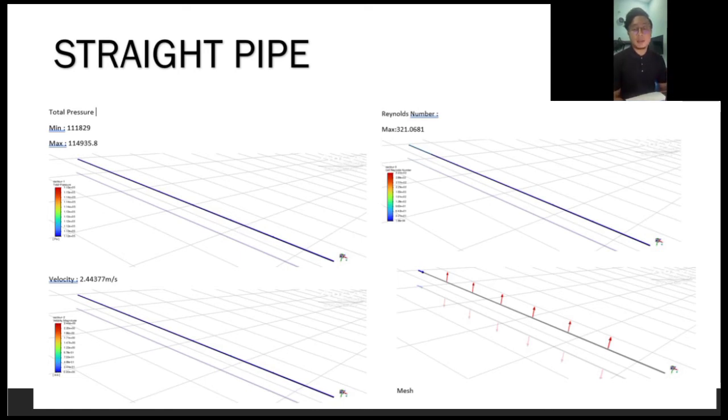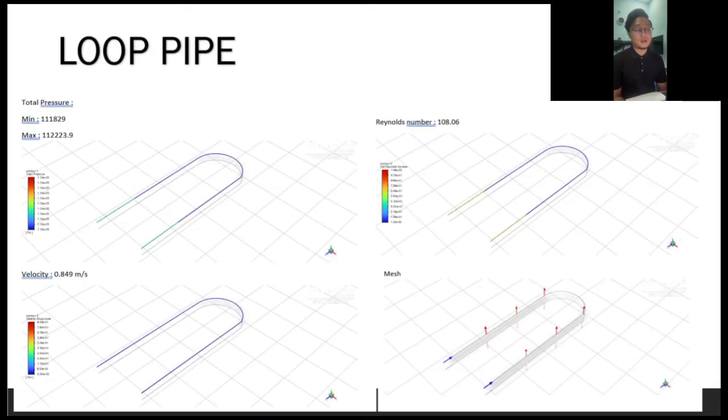Okay, next is our loop pipe. The total pressure in loop pipe, the minimum is 111,839, and the maximum of pressure is 112,223.9. Second contour is Reynolds number.